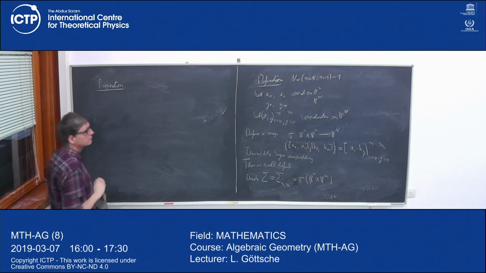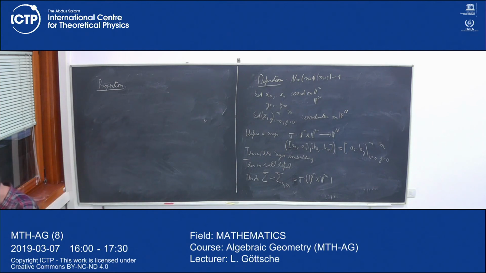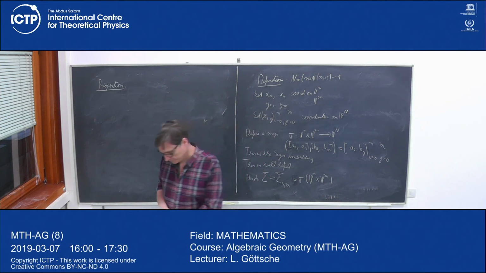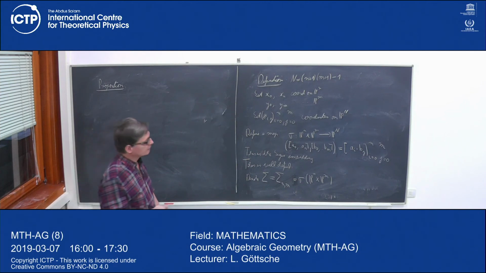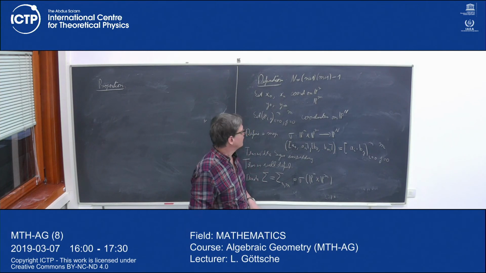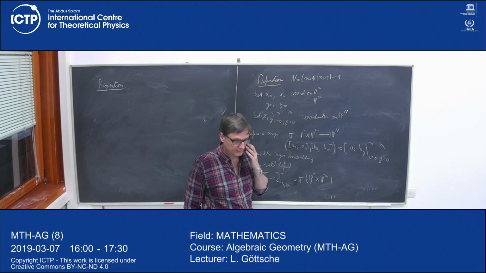I'm just curious, is this a projectivization of the tensor product of the affine vector spaces? Okay, let me see. Because this is just like we are multiplying a column with a row, a matrix product. Yeah, you could say that, it's a projectivization of the tensor product of these vector spaces, this is correct.